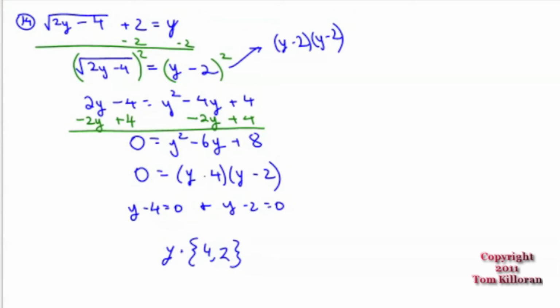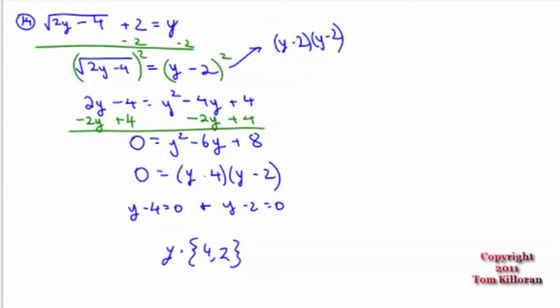The only reason that wasn't a solution is because the other side was negative. But y minus 2, you don't know what it is until you plug something in. So if I plug in 4, does that make it negative? No. More than likely it's going to work. If I plug in 2, does it make it negative? No. So more than likely it's going to work, but I'd like to check both of them.